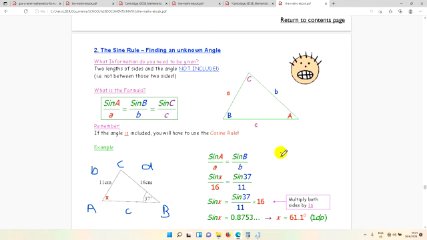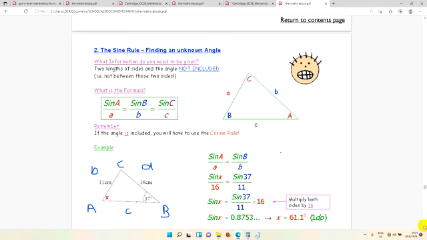And then sine to the power minus 1 of that one is 61.0884, which will make it 61.1 degrees. So no problem with that one.